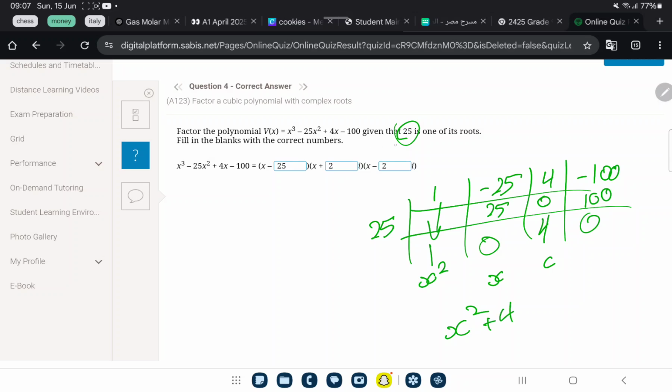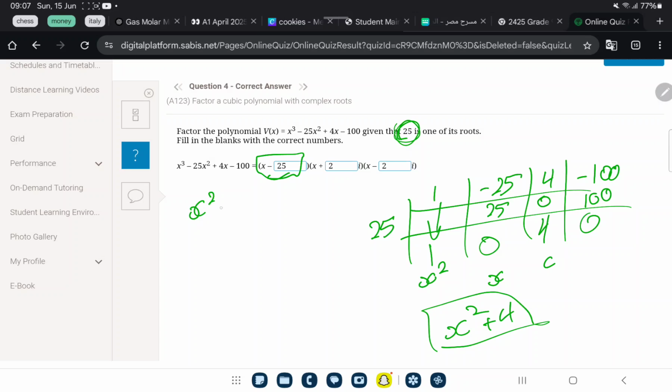So here they already gave us that one of the roots is 25, so it's x minus 25. Now here we need to put imaginary numbers because x squared plus 4 cannot be factored using real numbers. So we're going to work with it as a square difference.